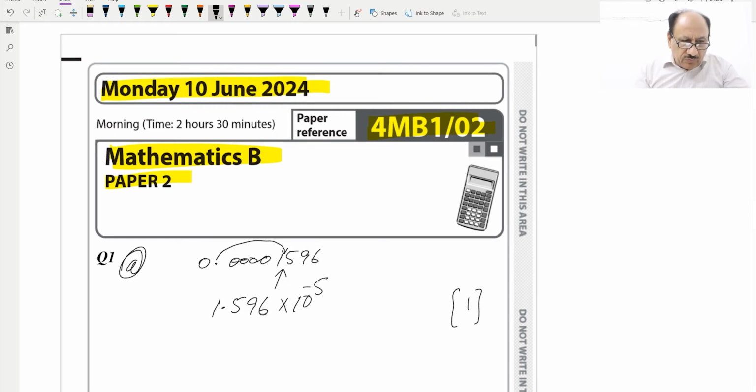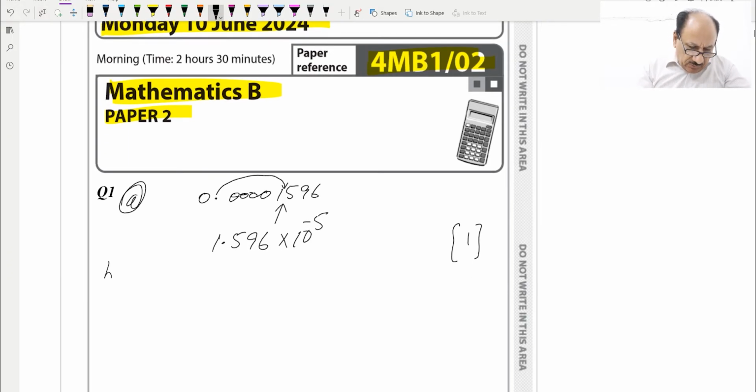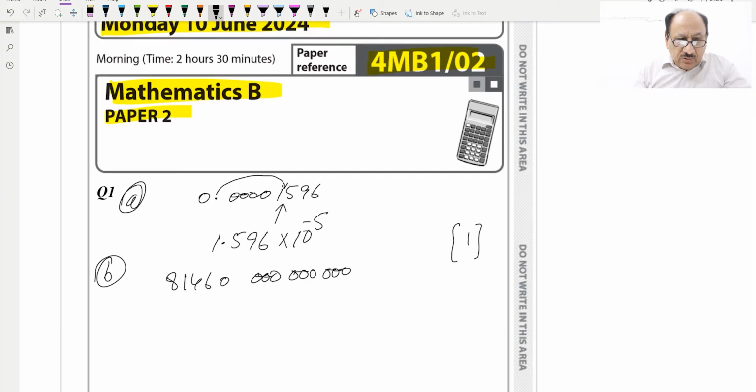Part B, if I read for you: the star Sirius is approximately this much, 8 1 4 6 and 10 zeros, this many kilometers from the earth.